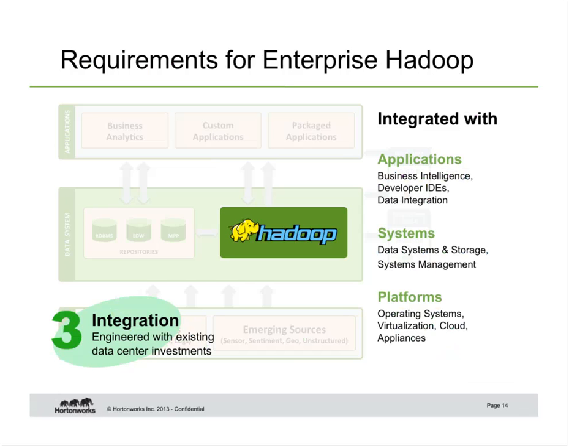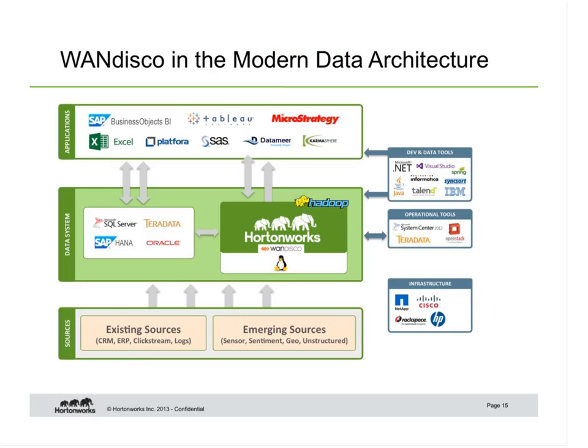The Hortonworks Data Platform and enterprise Hadoop is a plus-one addition to your existing investments, and it integrates well with your ecosystem to provide you the requirements and the functionalities you expect from an enterprise-ready Hadoop distribution. And when we think of business continuity planning, and when we think of disaster recovery and high availability, that's where the Hortonworks Data Platform with the WANdisco Non-Stop Hadoop solution solve those needs, and Jagane will go into the details there.